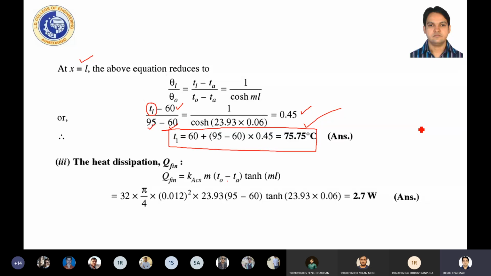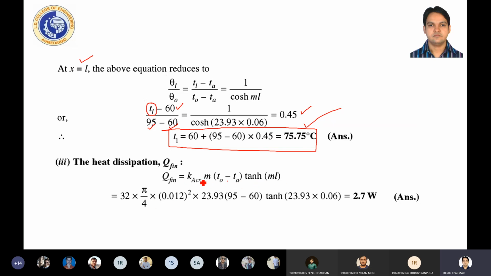The next is the heat dissipation rate, meaning once your fin is designed, we want to calculate the heat transfer rate from the fin. So the heat dissipation for case 2 is Q fin equal to K times cross section area times m times (T0 minus T infinity) times tanh(mL).